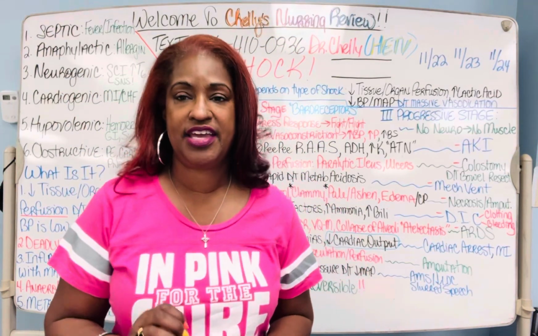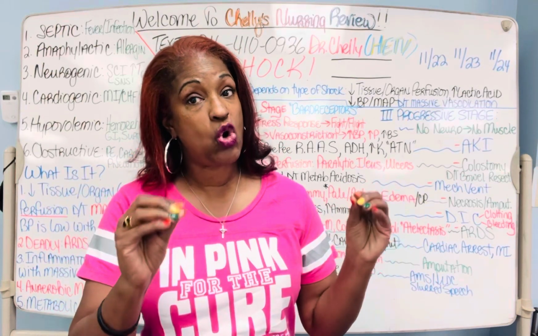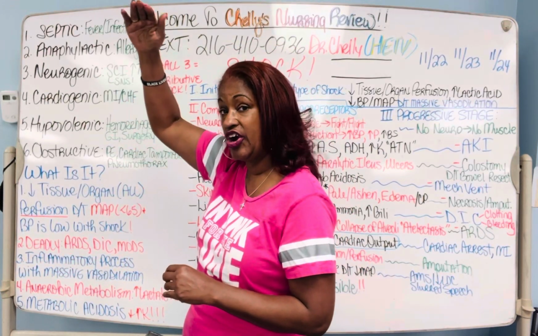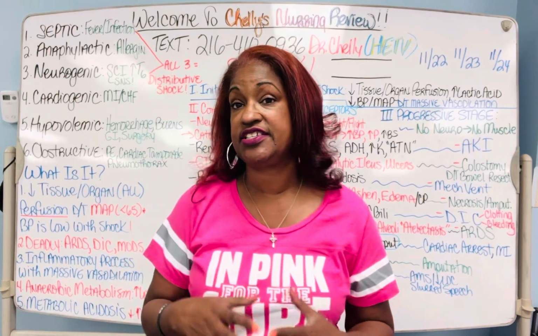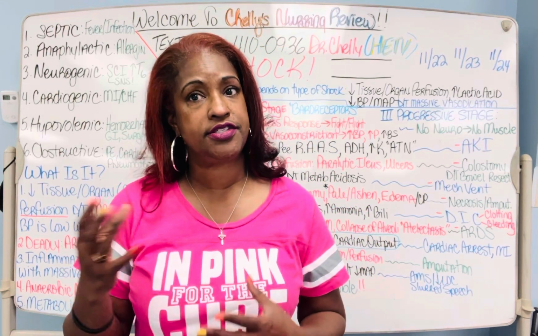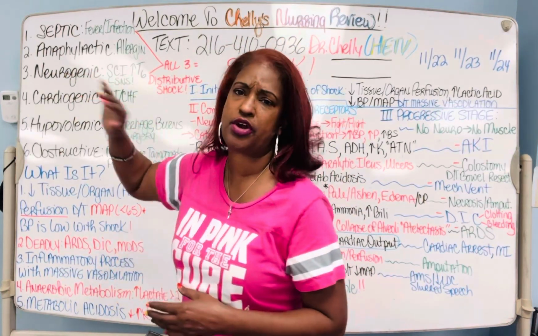Neurogenic shock is where you have a shock from a spinal cord injury of T6 and higher. This patient is definitely a quadriplegic. It is a loss of the sympathetic nervous system.